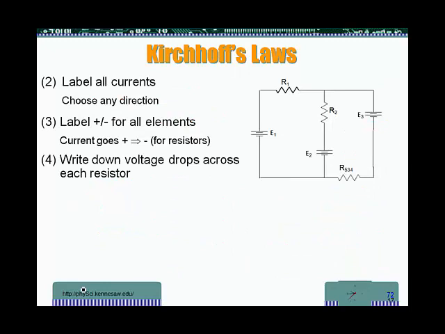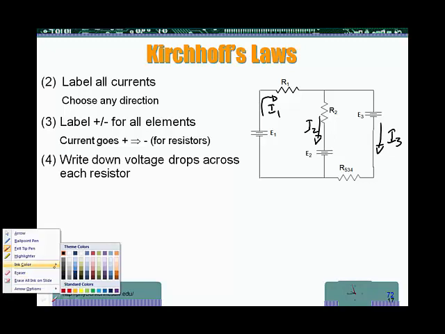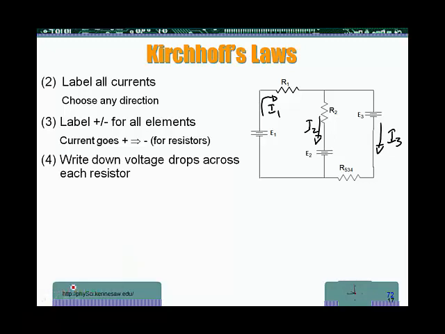So I'm going to go back through the process that I did a little while ago, label all the currents like I did before. So this is my I1, this is my I2, this is my I3. And then the pluses and minuses like we did before.